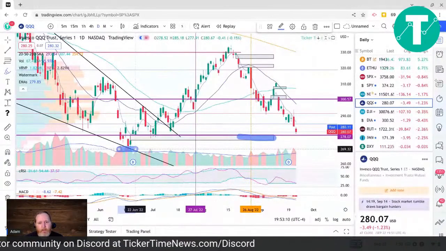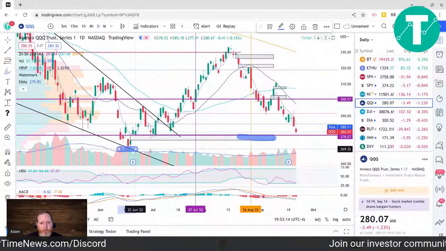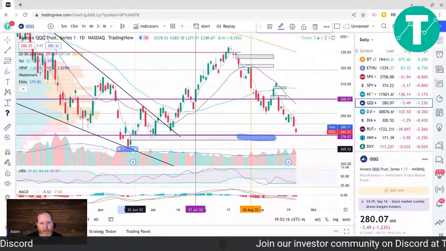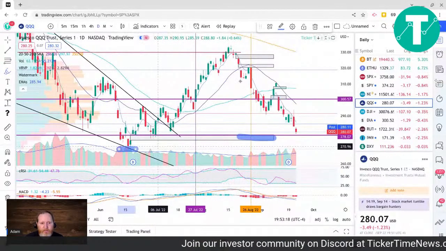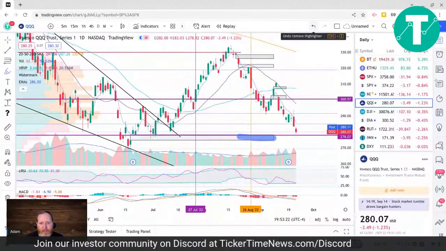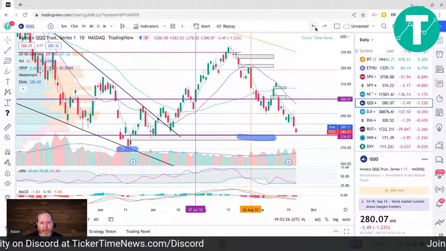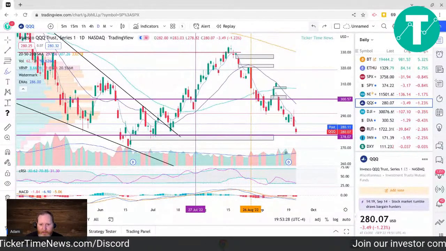So I think we need to have a little bit of hesitation here watching the Qs, because that weekly expected move is so close to that gap that it could test new lows for the year if it does break that. So keep that on your radar.